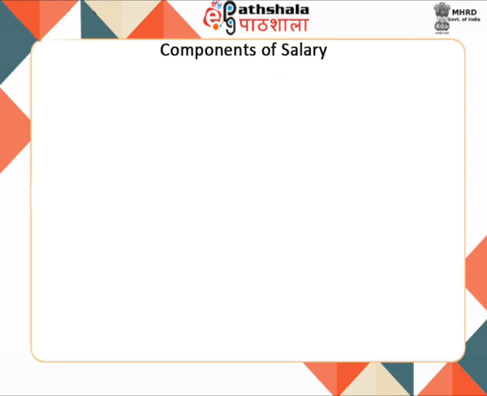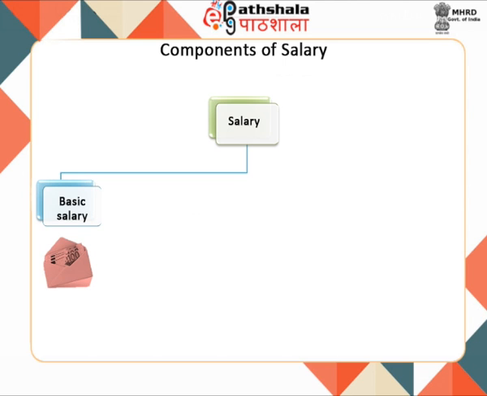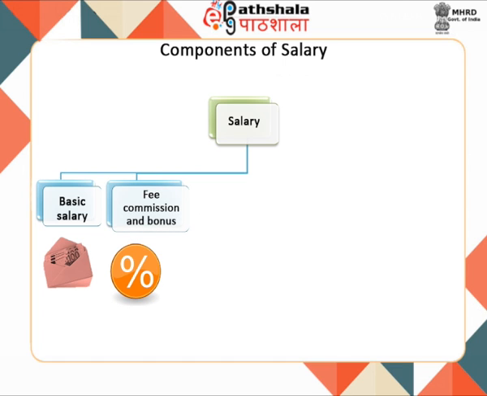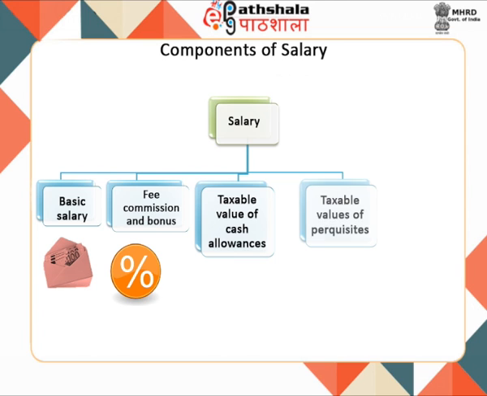We shall now study the legal aspects of salary. Section 17 of the Act gives an inclusive definition of salary which broadly includes: 1. Basic salary, 2. Fees, commission and bonus, 3. Taxable value of cash allowances, 4. Taxable value of perquisites, 5.